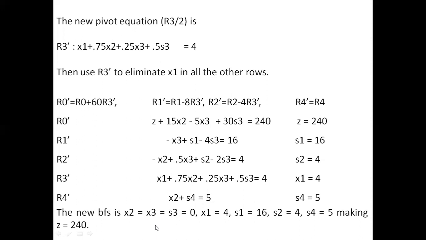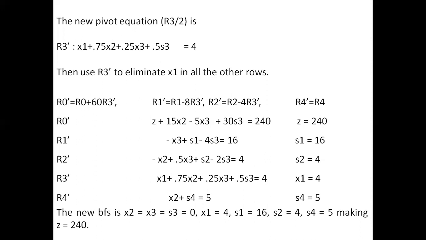So the new basic feasible solution is x2 is equal to x3 is equal to slack variable 3 is equal to 0, but x1 is equal to 4, slack variable 1 is equal to 16, slack variable 2 is equal to 4, slack variable 4 is equal to 5.